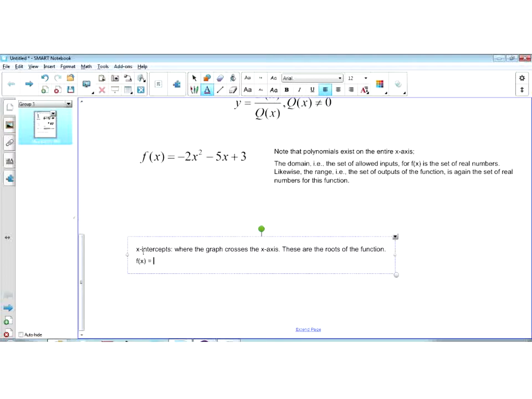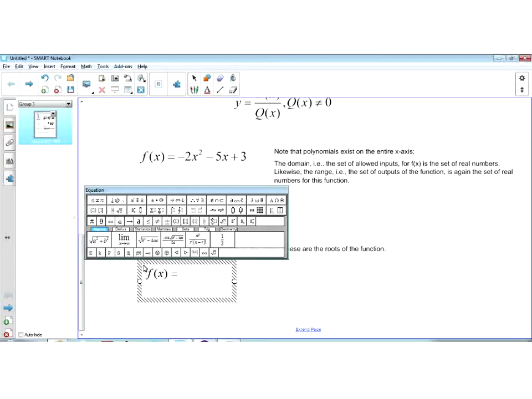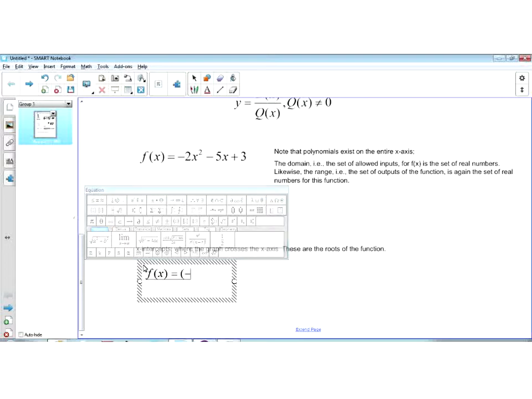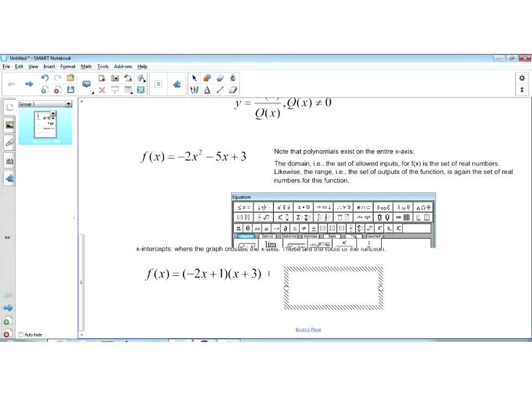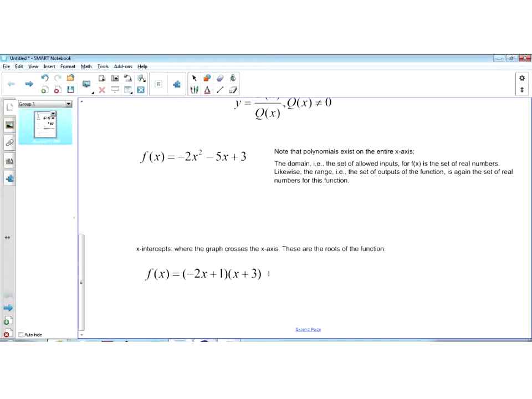All right. So anyway, if we were to factor this polynomial, it would be something like this. F of x is equal to minus 2x plus 1 times x plus 3. And if you need convincing that this is the factorization, just use the FOIL to check the answer. So if we do it this way, then it readily follows that we can get the x-intercepts from this by simply setting each of the prime factors, these two factors, equal to 0.